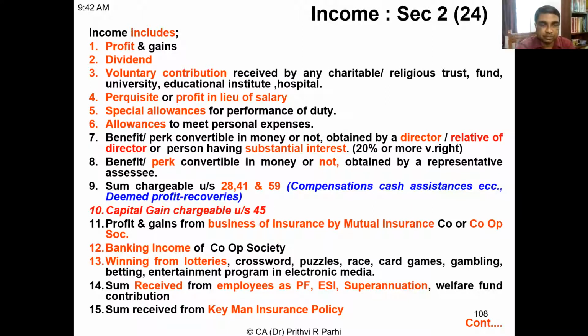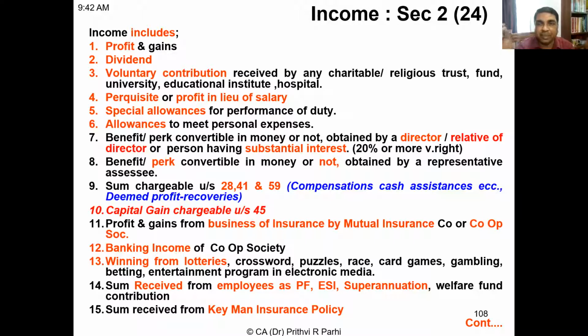Now, point number 7. Benefit, convertible into money or not, obtained by a director, relative of a director, or a person having substantial interest, 20% or more voting right. This means benefits are perquisites, maybe monetary or non-monetary, convertible into money or not.